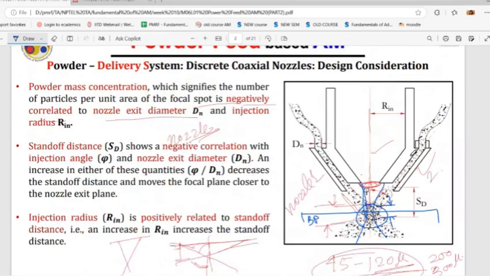So now this angle is very important. Based on this angle, it depends whether you have to forcefully provide the powder into the deposition zone, or after reaching the nozzle, the powder will automatically come to the deposition zone because of gravity. The more the angle is, the powder can come automatically out of gravity.